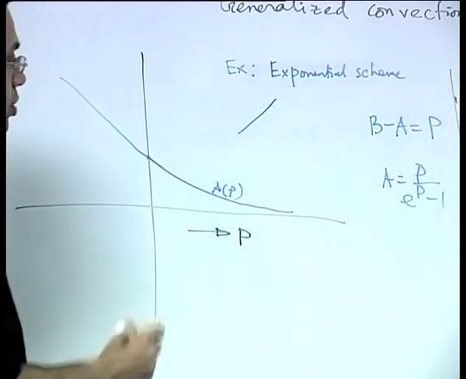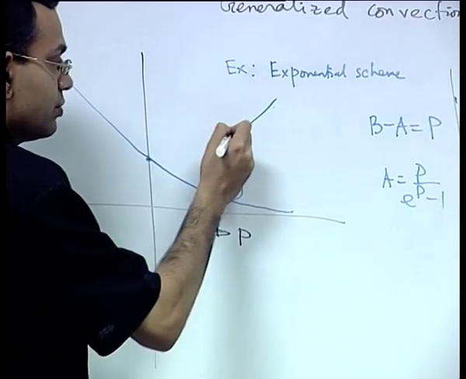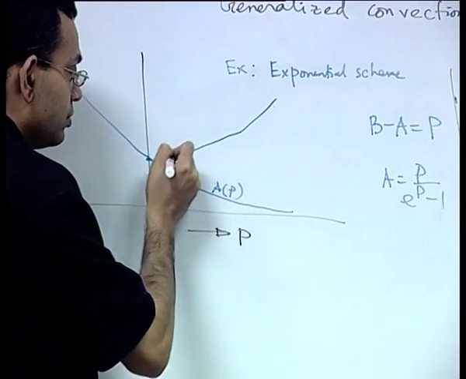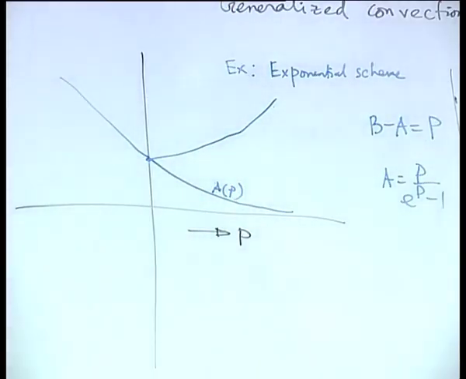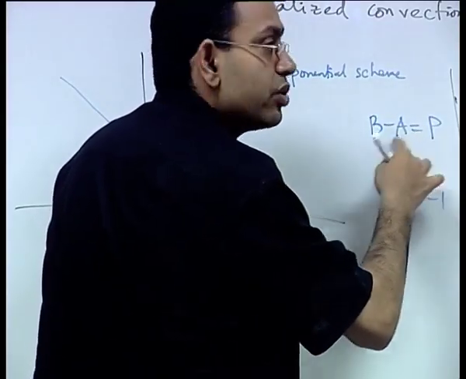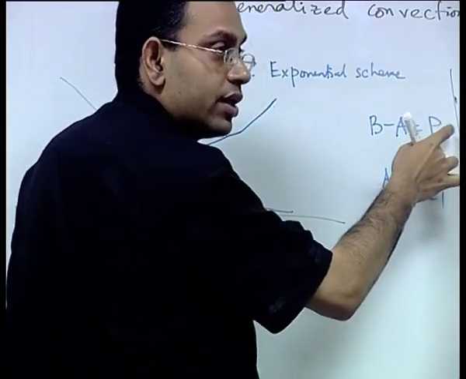When Peclet number equal to 0, both A and B are 1. In that limit, because A is 1 and B is A plus P, so 1 plus 0 is 1.